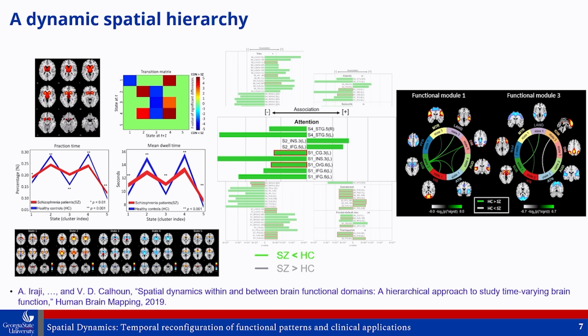We can also look at the spatial variation, and we see significant differences in the regions that show a group difference across different states. Here I'm zooming in on the attention network. You can see in state 1, S1, and states 2 and 4, different regions show group differences. We can even go further and try to find which dynamic states of these networks co-occur together to get a global pattern and use those to study the brain.